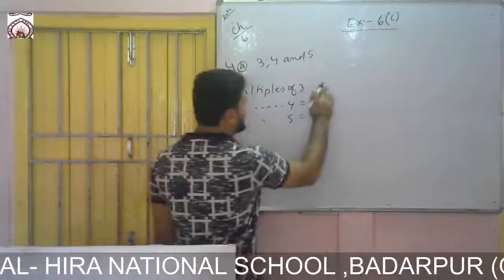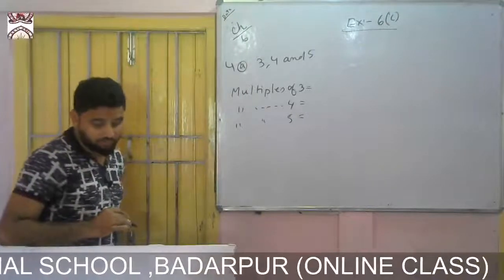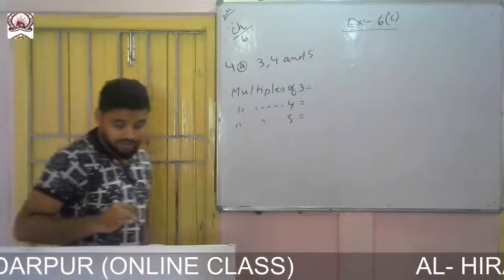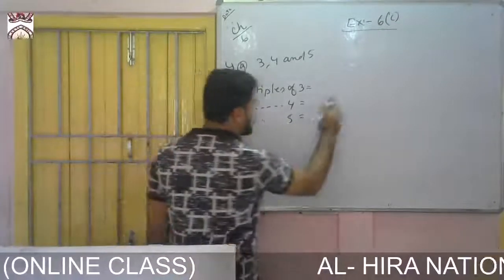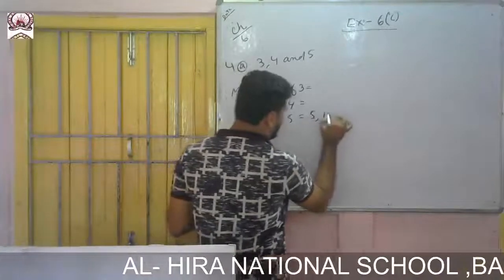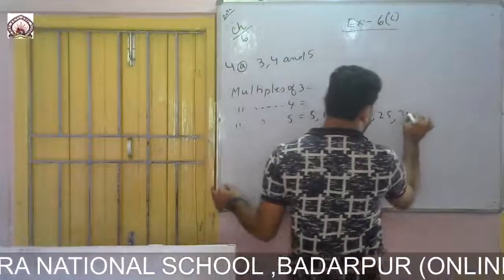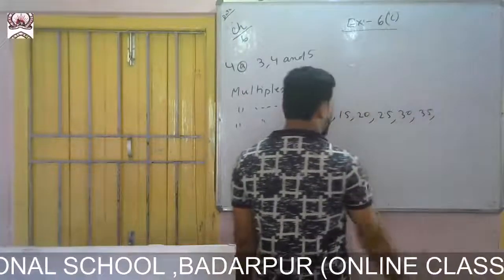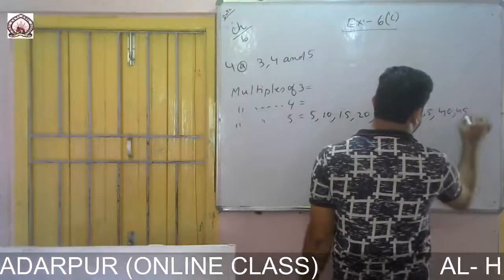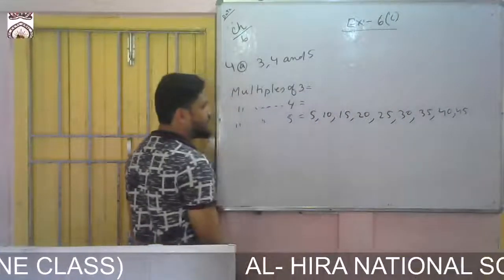Let me start with 5, because 5 is bigger. 5 1s are 5, 5 2s are 10, 15, 20, 25, 30, 35, 40, 45. Let me keep up to that much and see whether any common is coming or not.